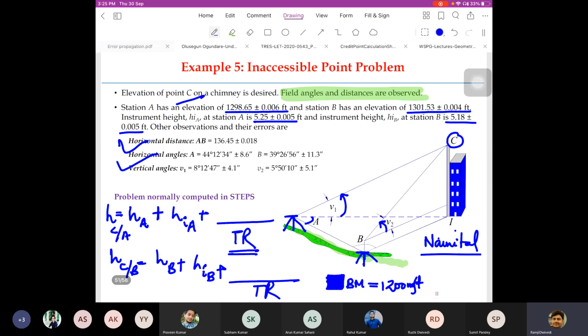Now, the elevation of A is constructed or estimated by transferring this benchmark to these two points A and B. Please remember, this is what we are focusing on. So when you transfer the benchmark to a certain location of your study area, it will incur error during this process of transferring height to that point. That's why the elevation is given with this error, plus minus.